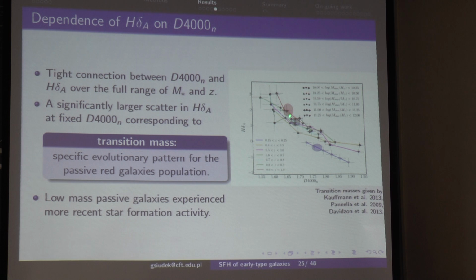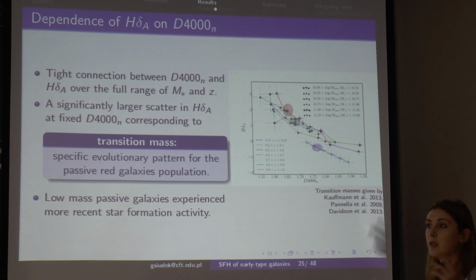Here, with ellipses, we marked the transition mass, where the mass functions of spiral and elliptical galaxies cross, so that we can see that the scatter in the H delta index is significantly larger below this transition mass, and that tells us that this group of galaxies is not so homogeneous.